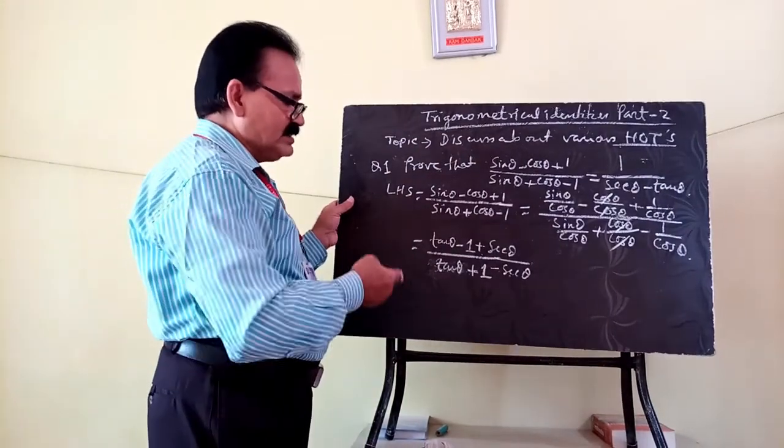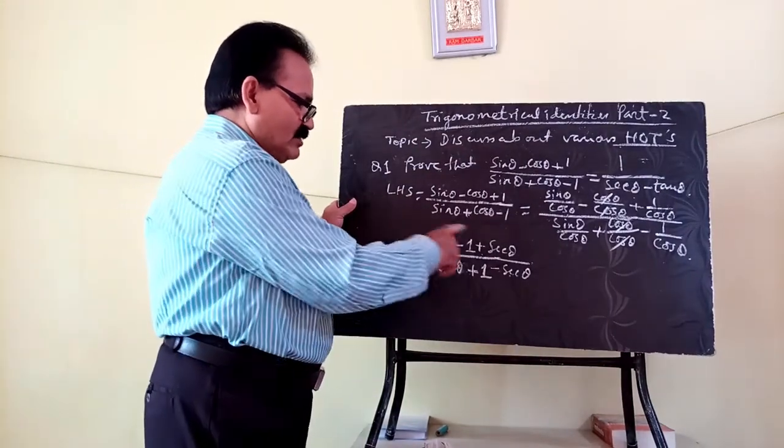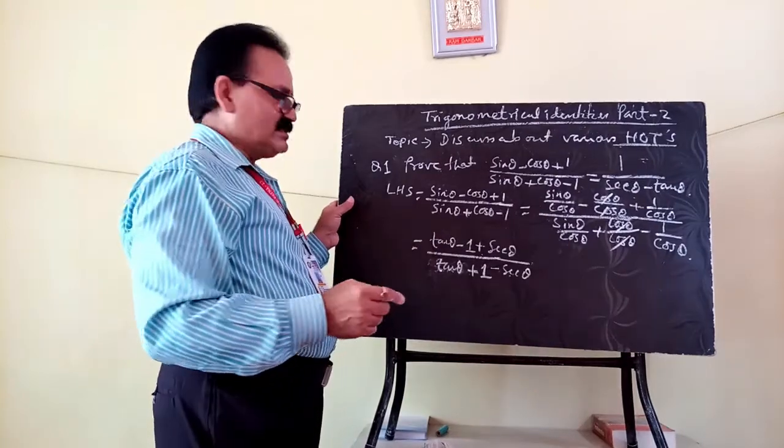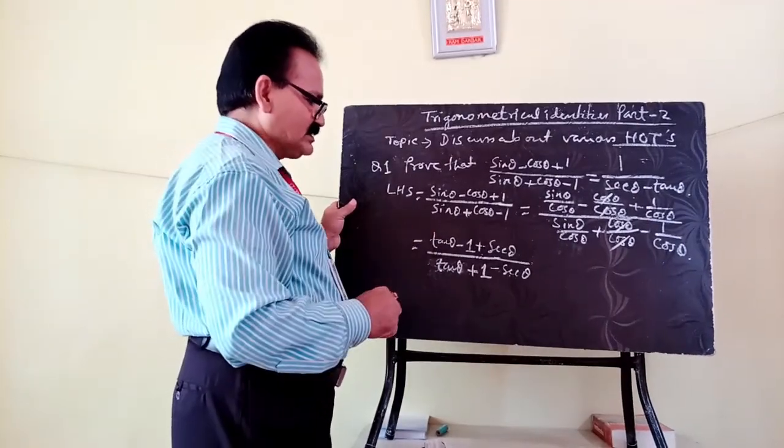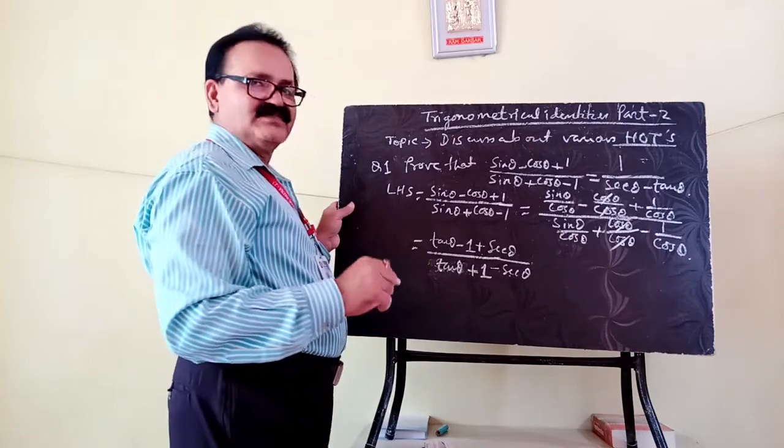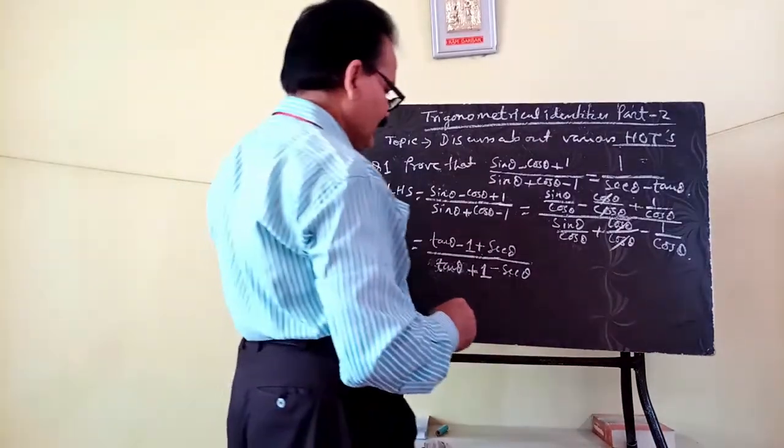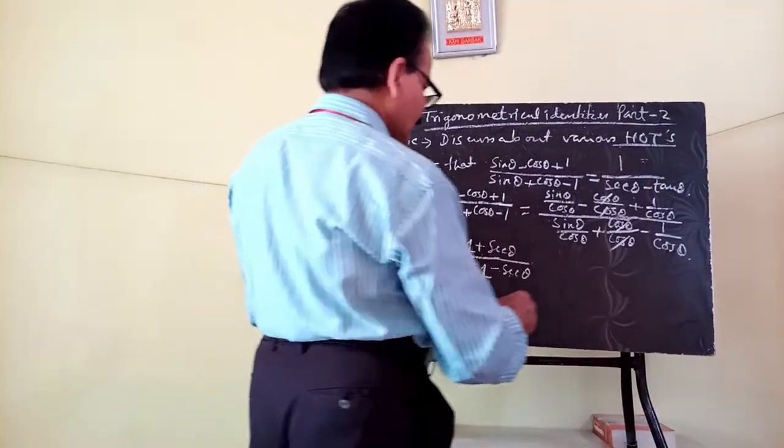Now from this relation, you multiply each term by a certain factor. Okay, clear?